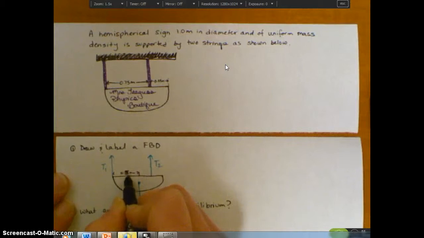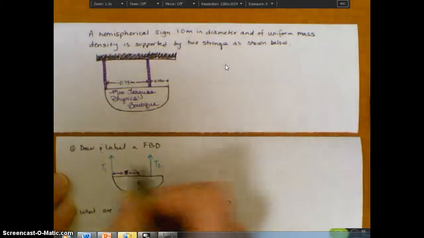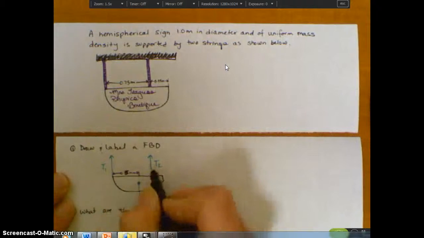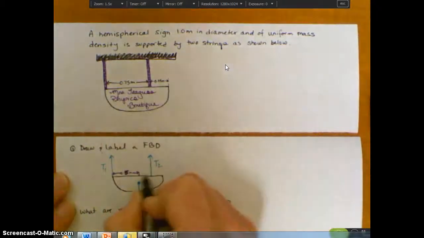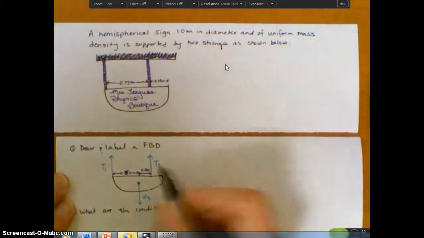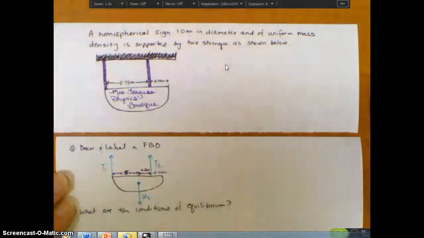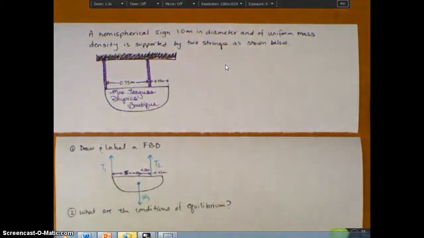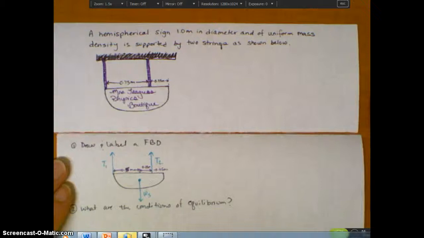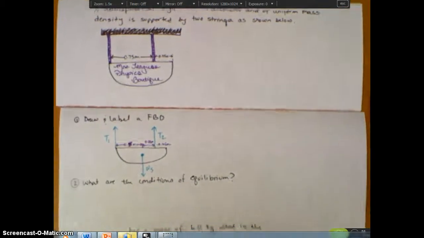I'm sorry, it's 1/2 of a meter from here to here, and we know from here to here was 0.75, so that means that this distance from here to here is 0.25 meters, and over the edge here is 0.25 meters as well. Okay, so I have everything labeled here. Let's move on to the next question.